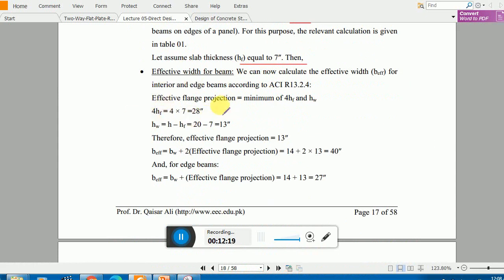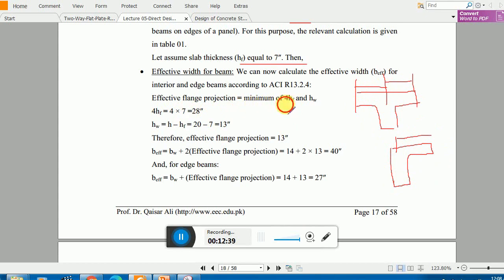The effective width for beam. Now this is important. I already showed you that we have a T beam and we have an L beam. So what will be the effective width from the center line? This one and this one. I already explained this.